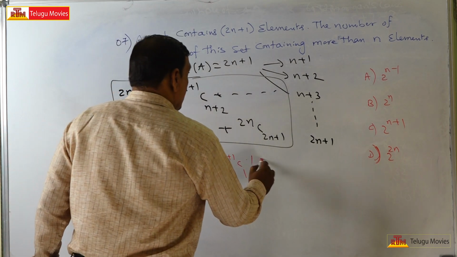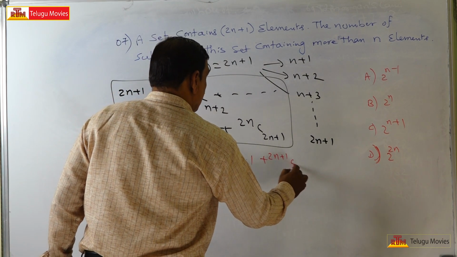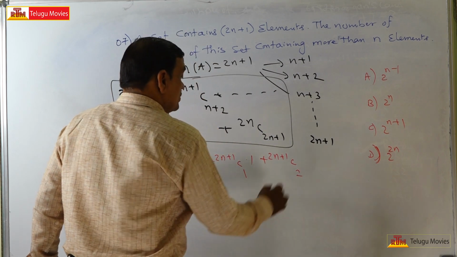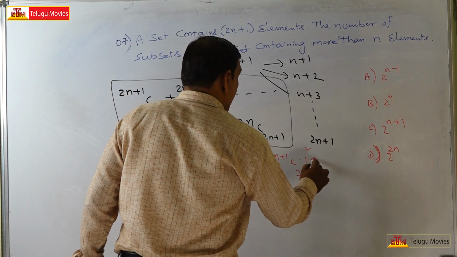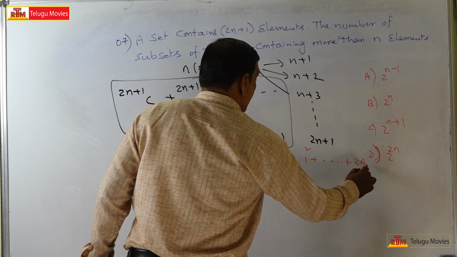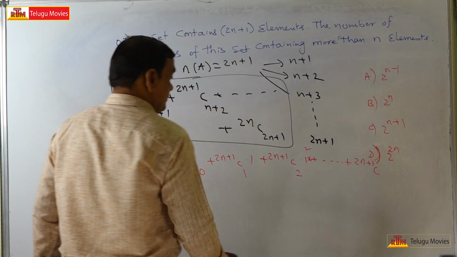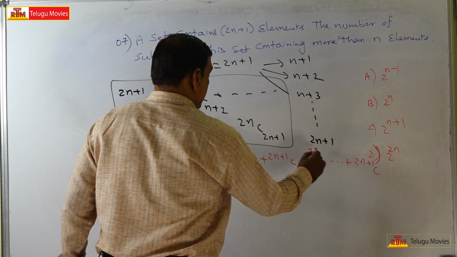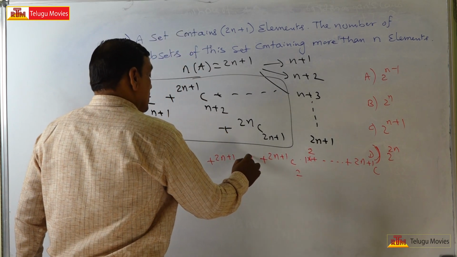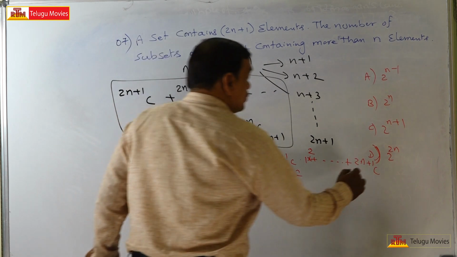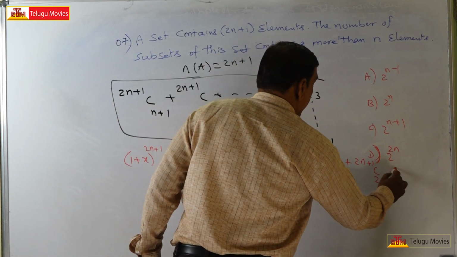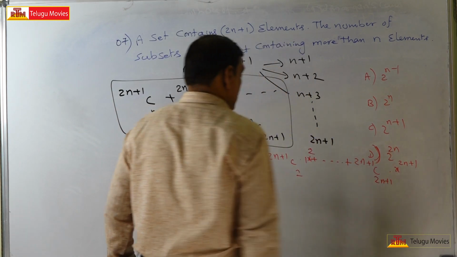The next one is 2n plus 1 C 2, and so on, the last 2n plus 1 C 2n plus 1, with x to the power of 2n plus 1 coming.